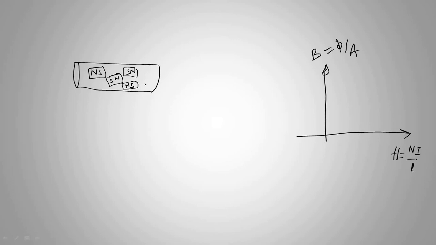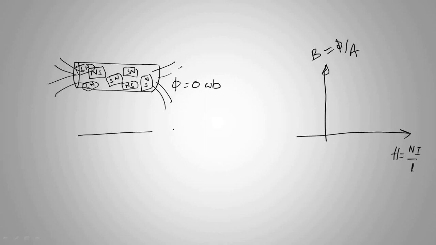The flux generated by one dipole is cancelled by another dipole, so the net flux generated by this magnetic material is zero. That is why any magnetic material will not act as a magnet until we energize it with an electric source, until we give a magnetomotive force.